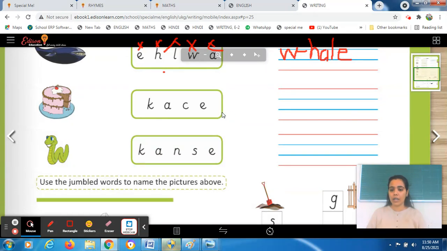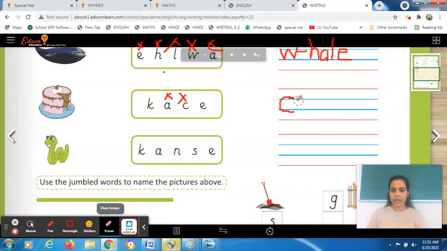So K sound comes from letter C. So firstly we will write C, K, A. Again A sound comes from this letter. So you will write A next to your letter C. Wait for a while.